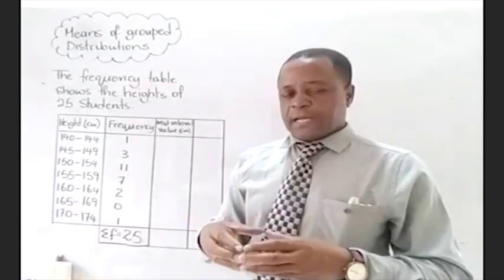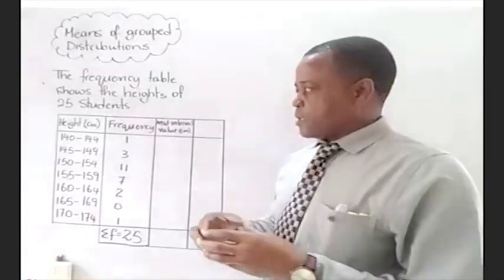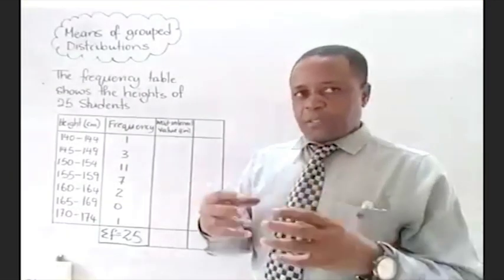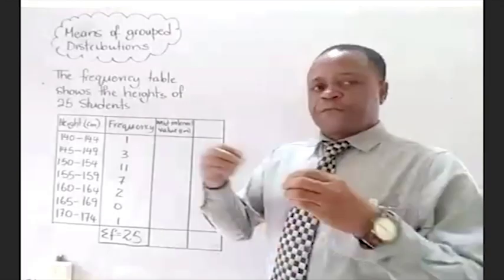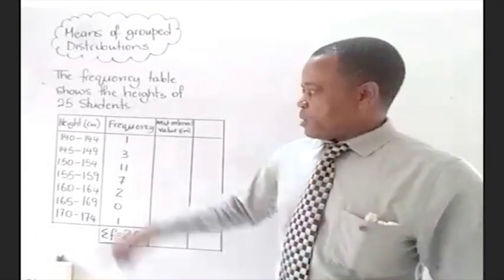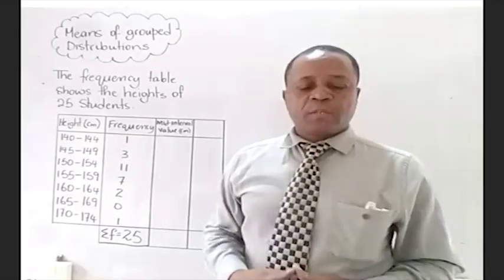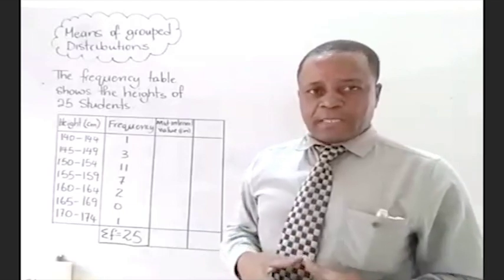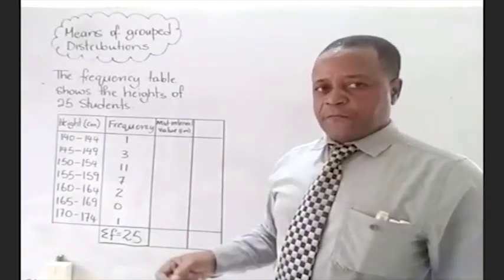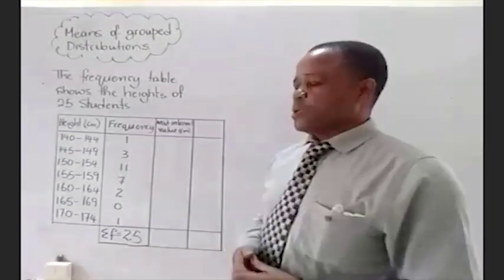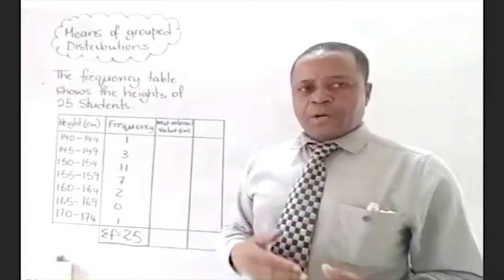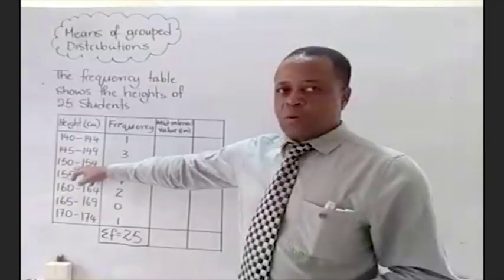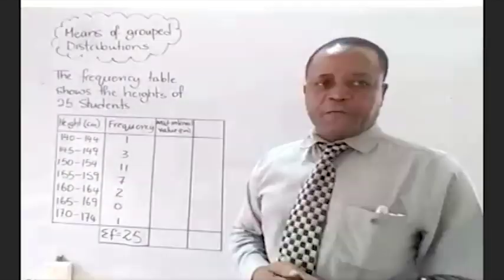What we're saying is that all those students who would have measured 140 to 144 centimeters, just about those measurements, would fall inside of that group. Each group is referred to as a class or class interval. So if I say to you, what would be our third class interval? Then our third class interval would have been 150 to 154.